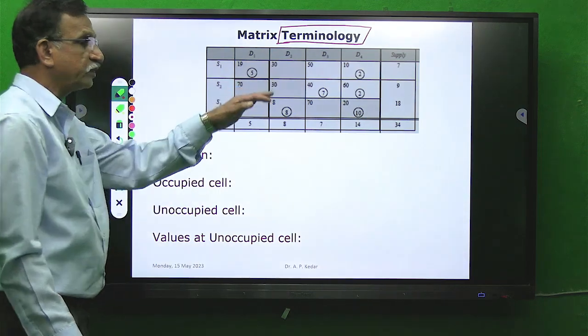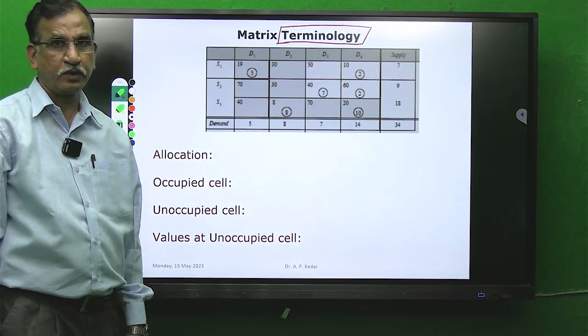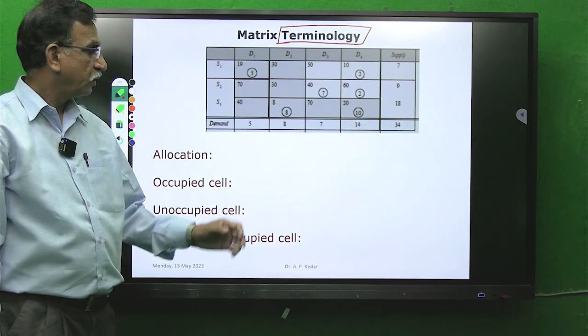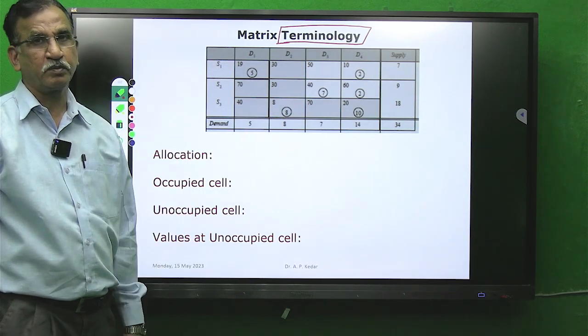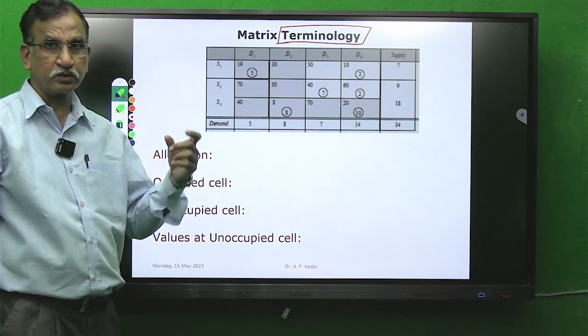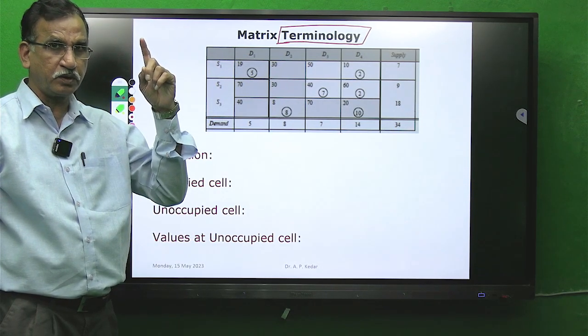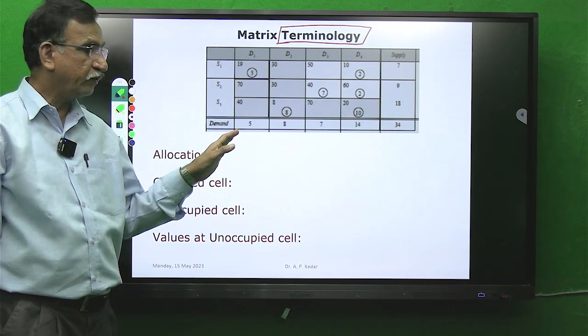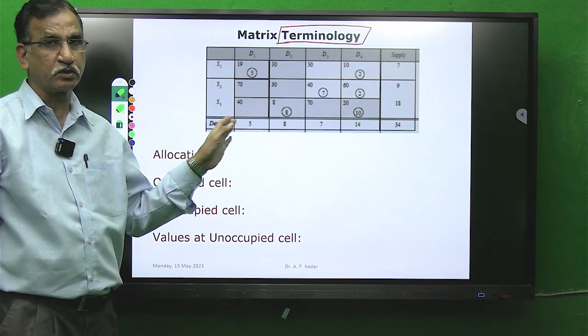There are various elements in this particular matrix. If you recall my earlier lecture, in the transportation matrix I explained general terms. That particular transportation matrix was a generalized pattern, and there I explained some generalized terms.